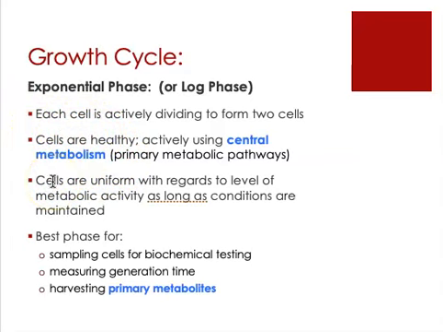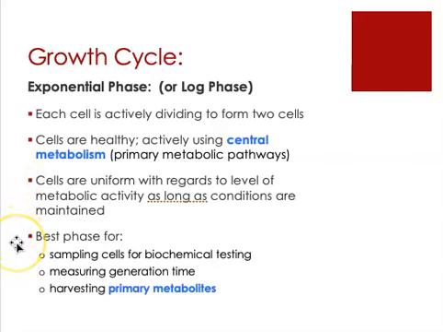So they're using, for example, glucose to make ATP if that's their primary metabolic pathway. If you were to pull some cells out of the culture during the exponential phase, they would be relatively uniform to each other in terms of how metabolically active they are.